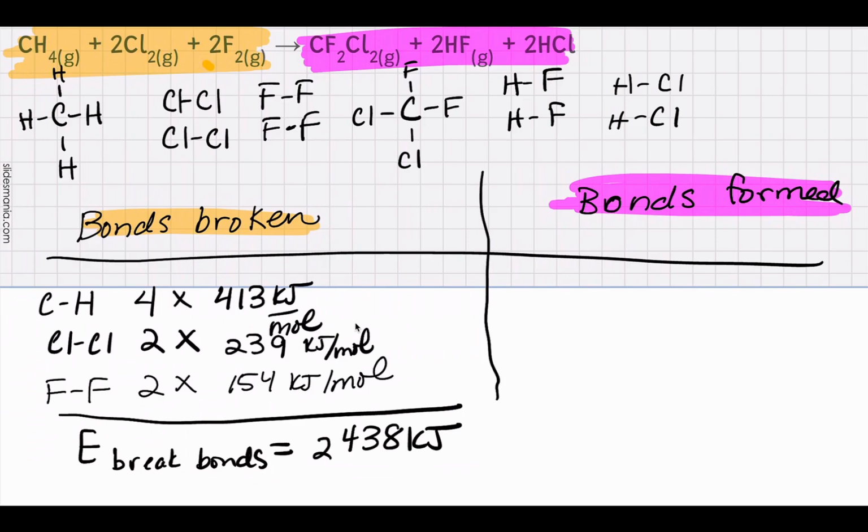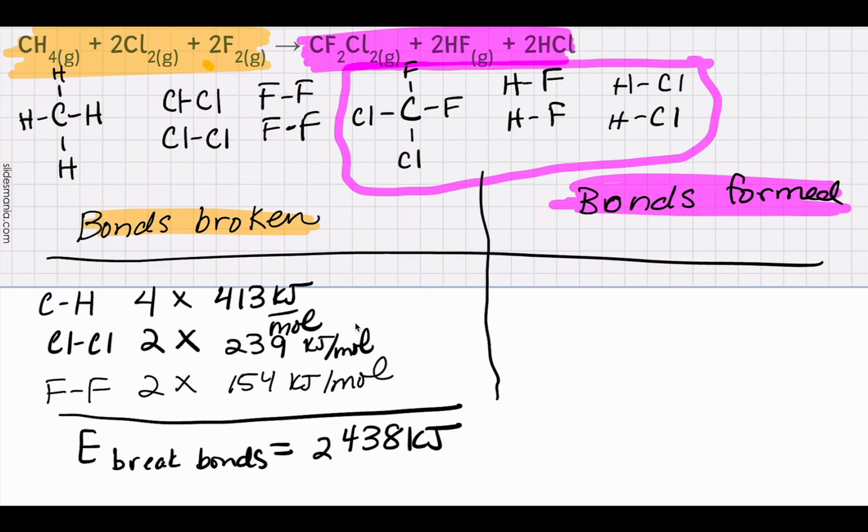So similarly, now I'm going to look at my products. So now I'm only using these. And I can see that I have the chlorine-fluorine bond. I have 2 of those. Carbon-fluorine. I have a carbon-chlorine bond. I have a hydrogen with fluorine bond.